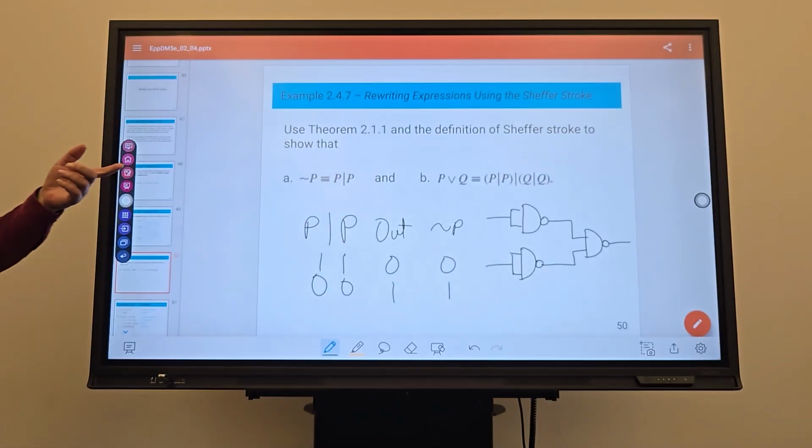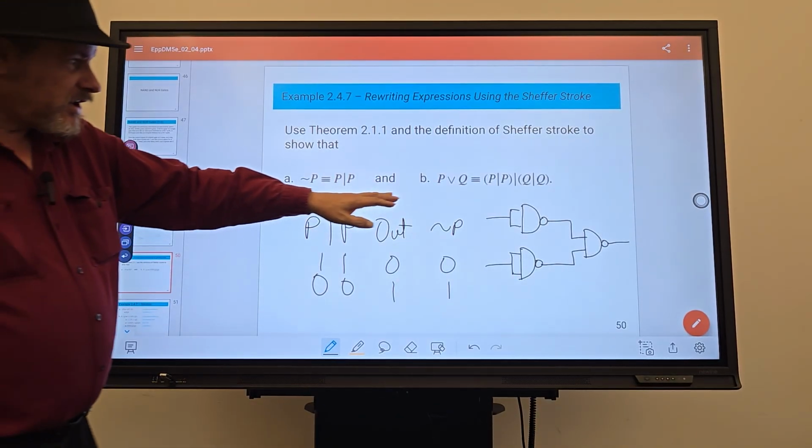That's what that circuit would look like over here.